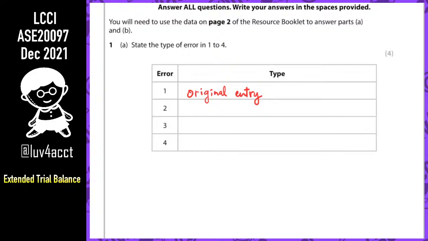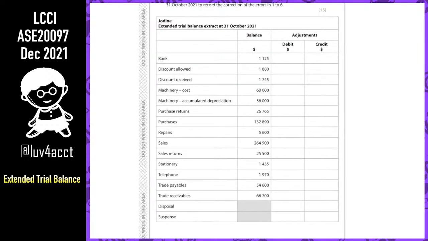When your purchase invoice is overstated, that means your purchases and your trade payables are overstated. Let us find the purchases first. Purchases here is in the debit side, trade payables in the credit side. So if you want to reduce it, it goes to the opposite side.